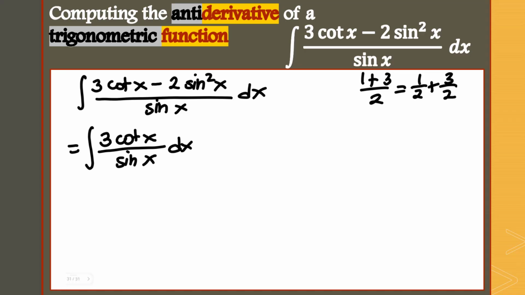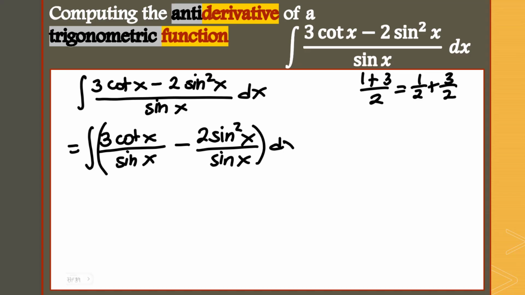As we share that, or break them, we can actually have this first, okay? Then you have here minus 2 sine squared of x over sine x dx. So we just simply share the denominator. The next thing to do here is to check the terms that can be separated using the difference rule.